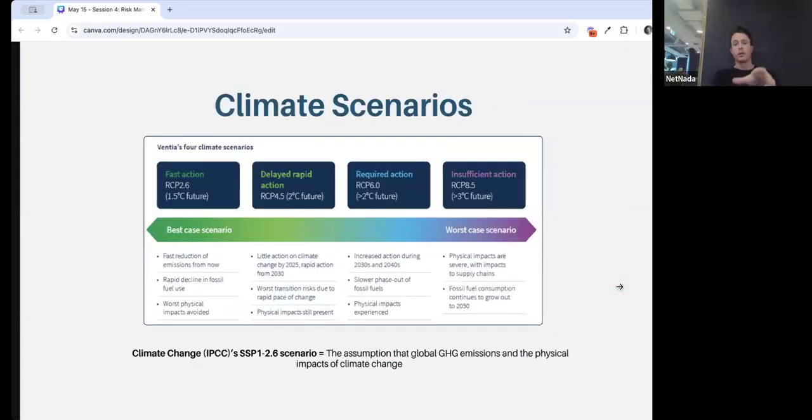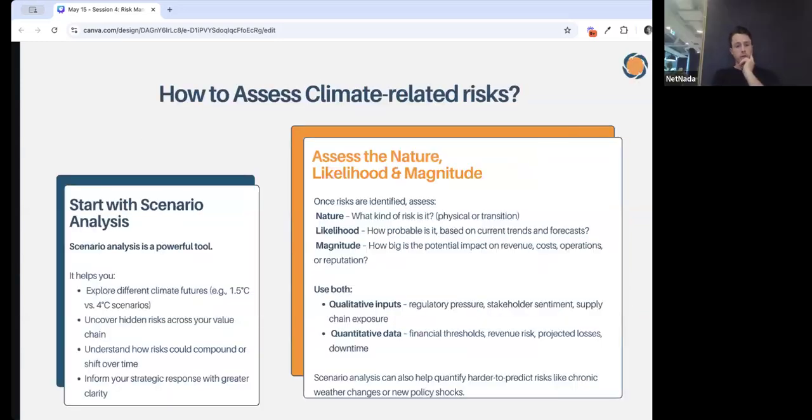Yeah, and just one thing going back, sorry there, Alex, and thanks for that point because it helped me realize that I skipped over the importance of using both the qualitative and quantitative inputs. There are things that we can look at, like projected losses or the emissions data that you'll have from doing your analysis.